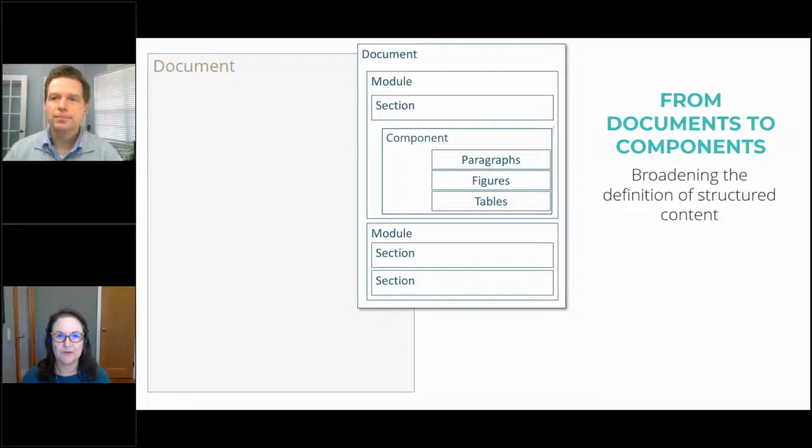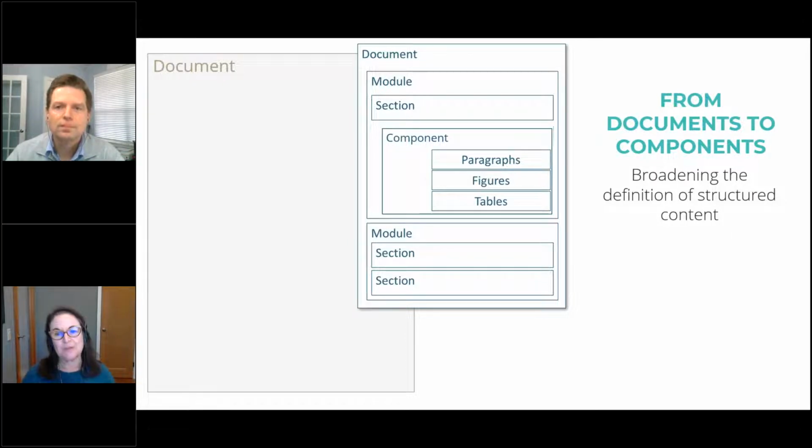Absolutely, I absolutely agree. So we need to move from thinking about creating and managing and storing and publishing content in documents, which really are monoliths, to more components, which are smaller chunks of content, and they are more nimble. So as you say, first I can mix and match them so that I can create whatever kind of document I need.